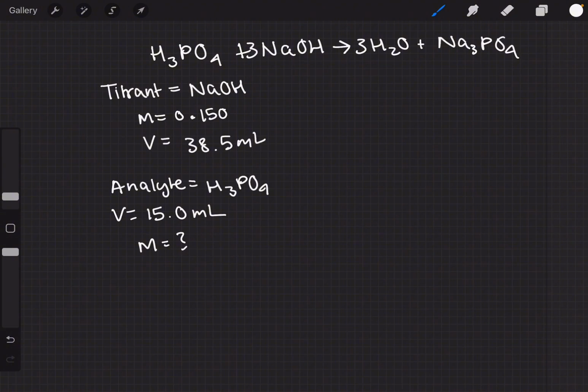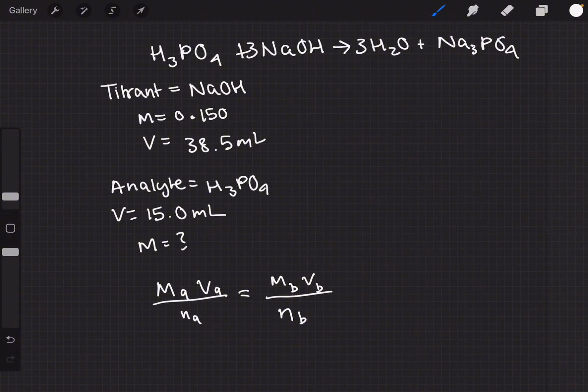So with this known information, we can calculate the molarity of the solution with the phosphoric acid. The formula for this is the molarity of the acid times the volume of the acid over the moles of acid, where the moles is represented by N sub A or B, depending on if it's the acid or base, is equal to the molarity of base times the volume of base over the moles of base.